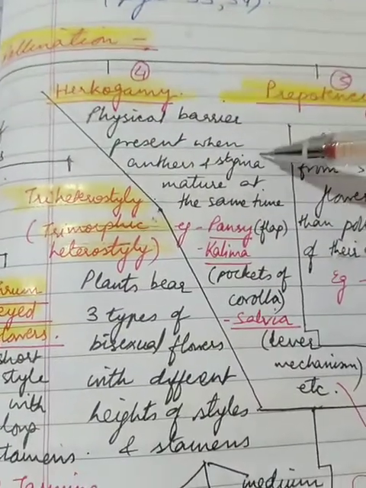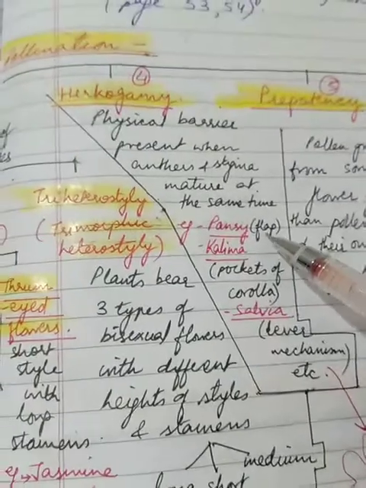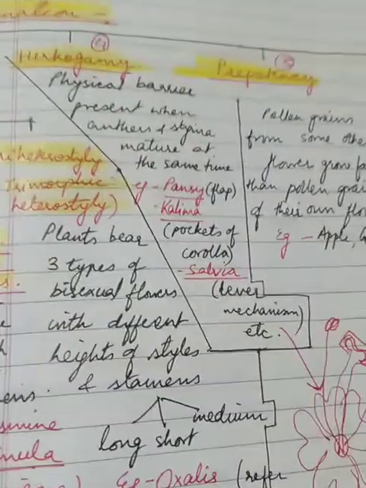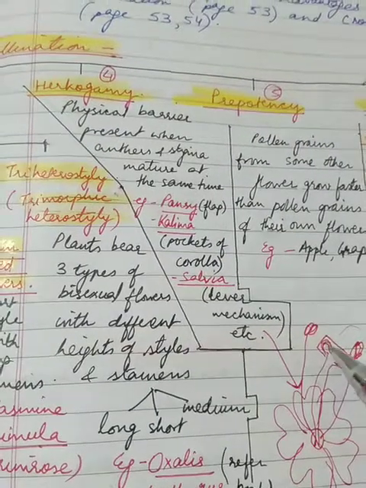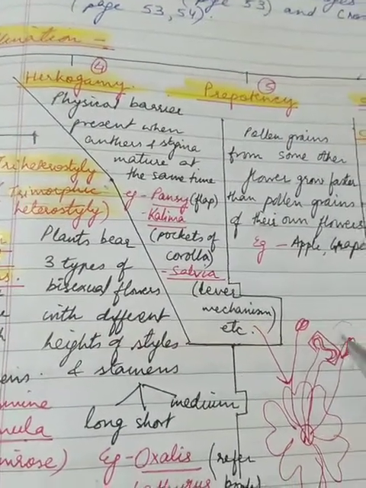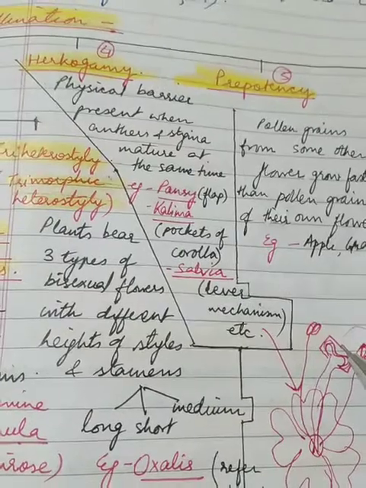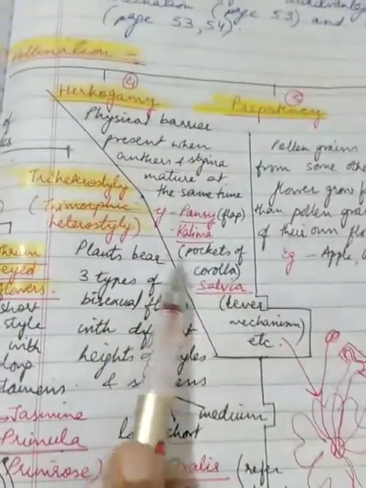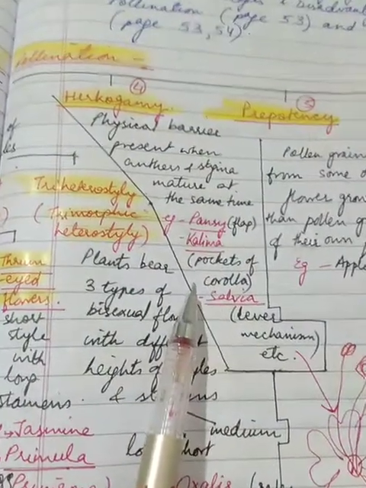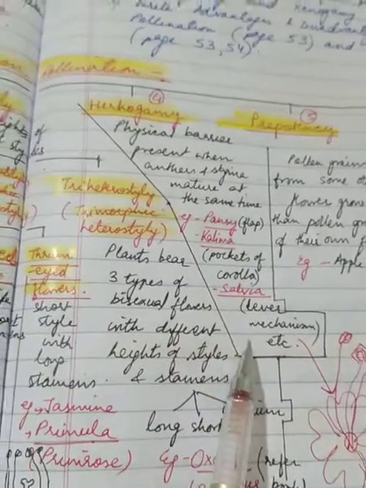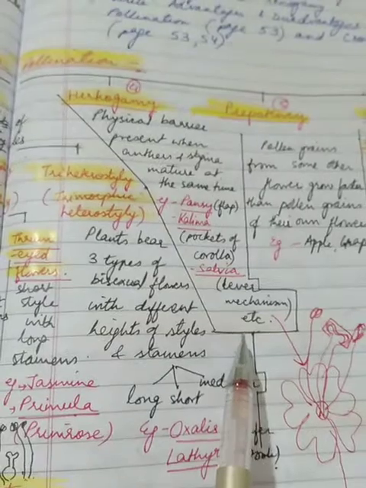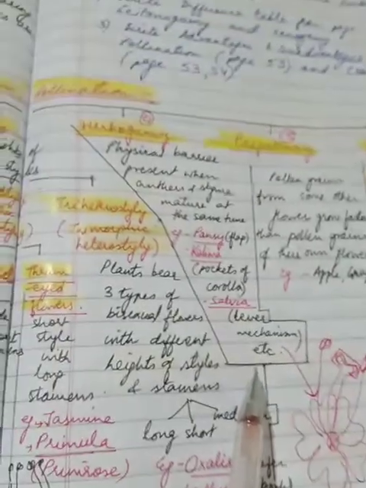How is it seen and where? For example, pansy is a flower where a flap can be seen, something like this. When the pollen grains are released, the flap opens and the flower is cross-pollinated by some other flower. In Calotropis, there are pockets of the corolla, and in Salvia, a perfect lever mechanism can be seen. There are many more examples.